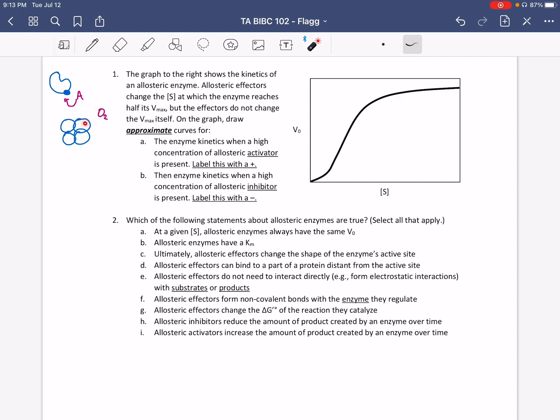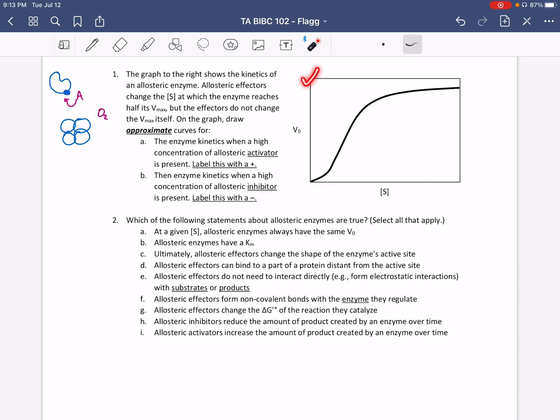When these two are bound to oxygen, the third one will become more likely to bind, and the fourth one will be more likely to bind afterwards. So both of these moieties, enzyme and protein, will show us an allosteric kinetics curve that will look different than the Michaelis-Menten curve.